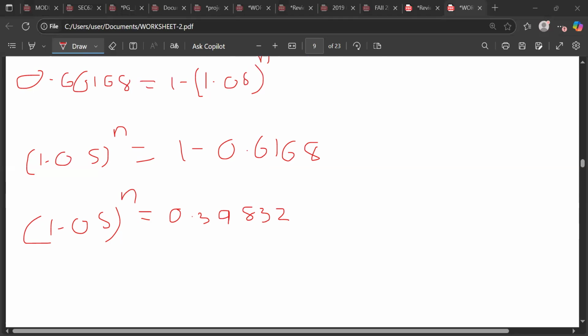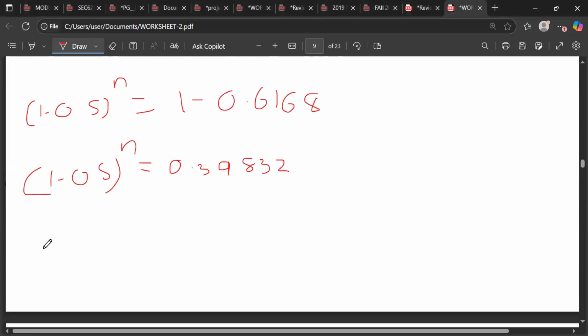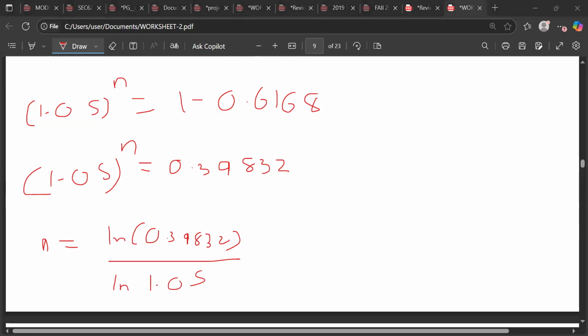Natural logarithm of these functions that are here. So I'll say n in this case will be equal to the natural logarithm of 0.39832 over the natural logarithm of 1.05.